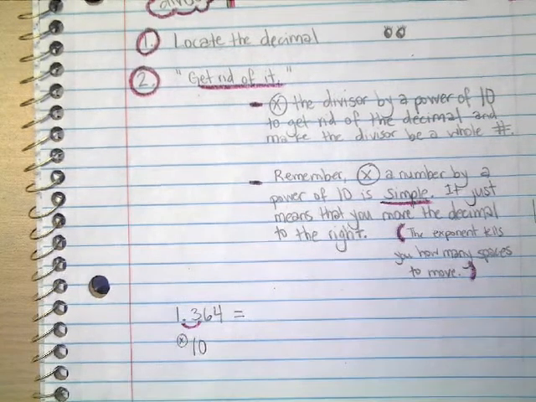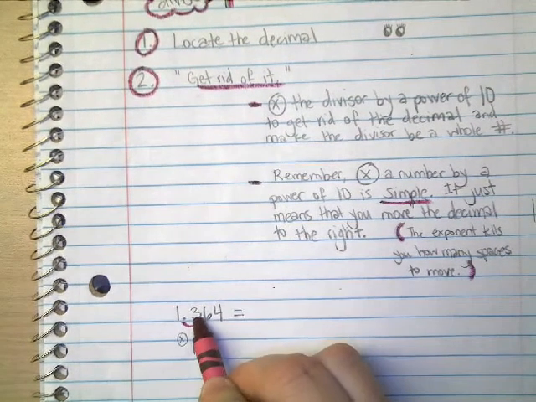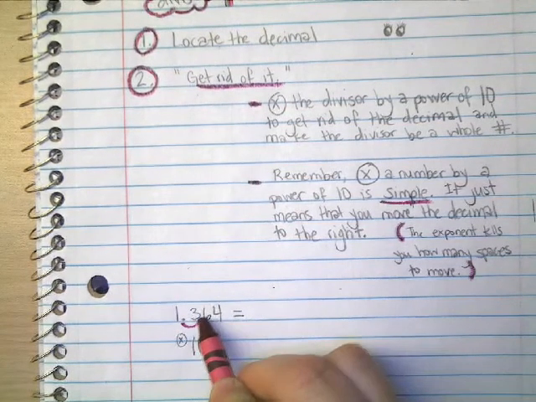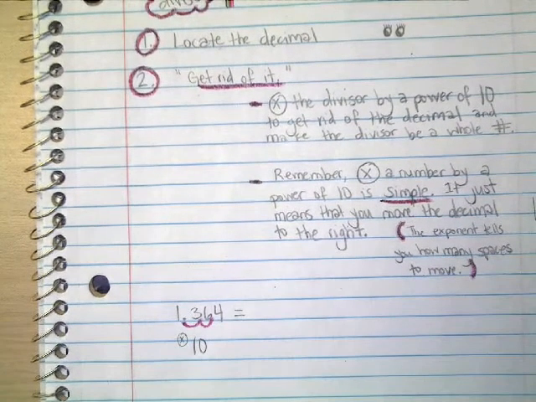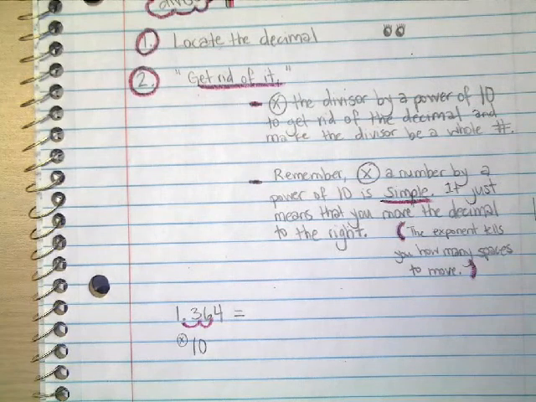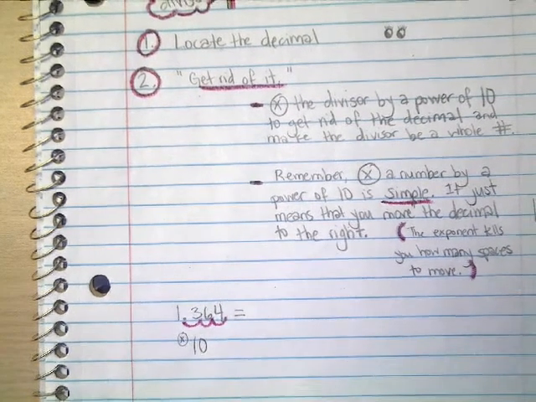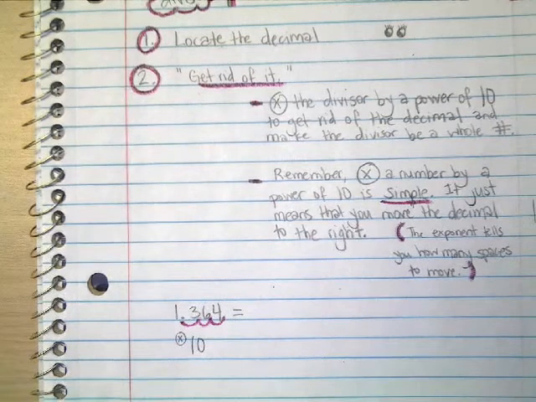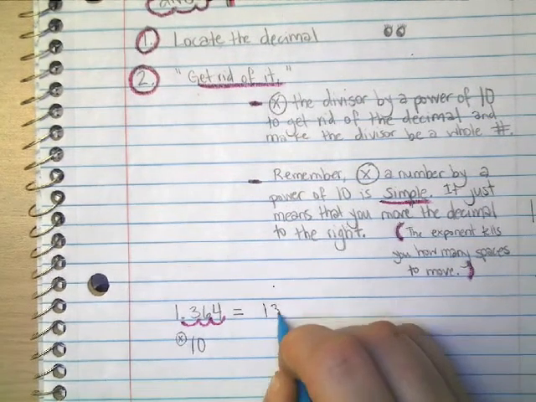If I only move it one place, it is not a whole number yet. So it can't be 10 to the first power. If I move it 2 places, it still isn't a whole number, but that would be 10 to the second power. What if I move it 3 places? And the decimal is there at the end of that number. Would that be a whole number?